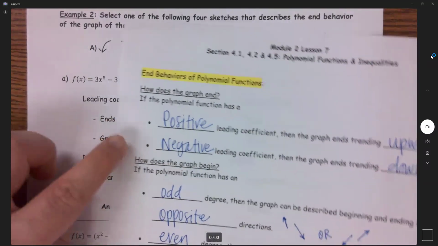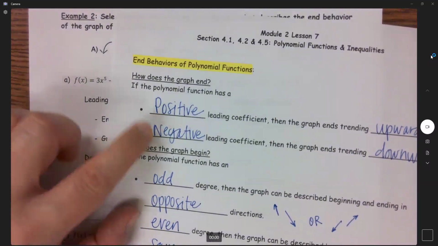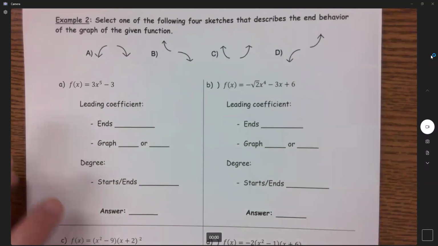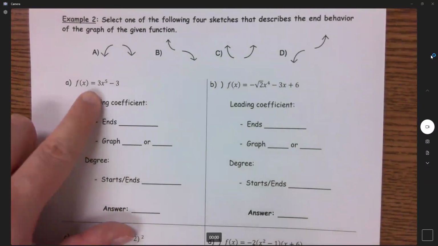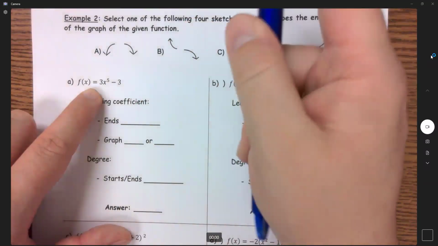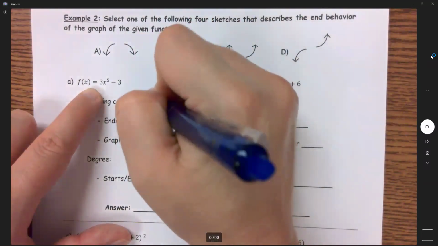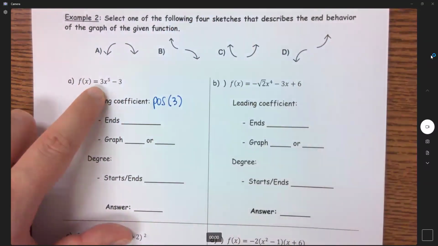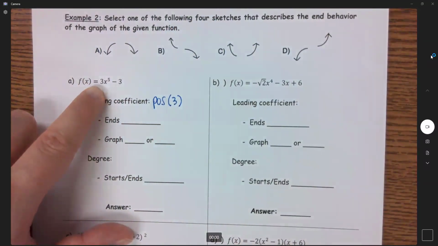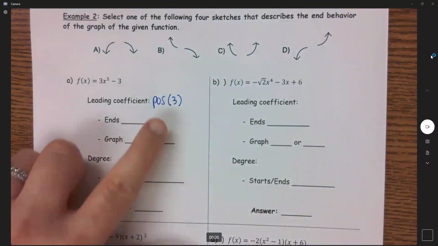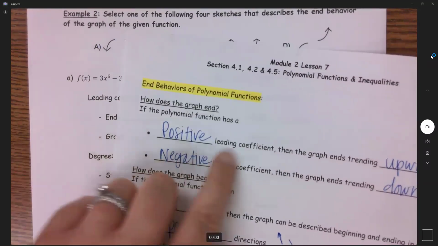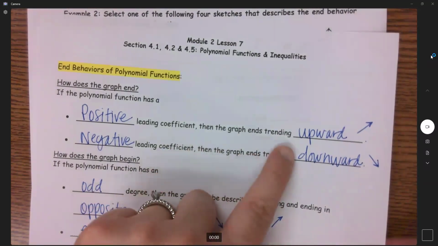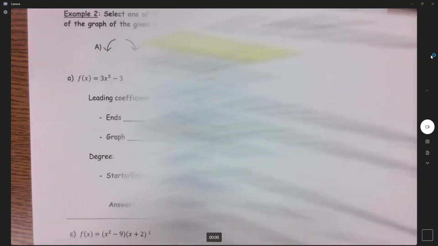Specifically, I want to know, is the leading coefficient positive or is it negative? Here, my leading coefficient is positive. Specifically, I'm going to put in parentheses what it is. It's that 3. Because I have a positive leading coefficient, that means my graph is going to end trending upward.